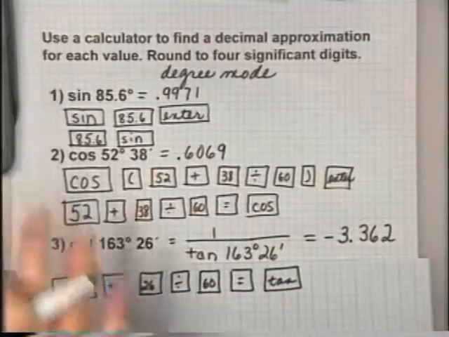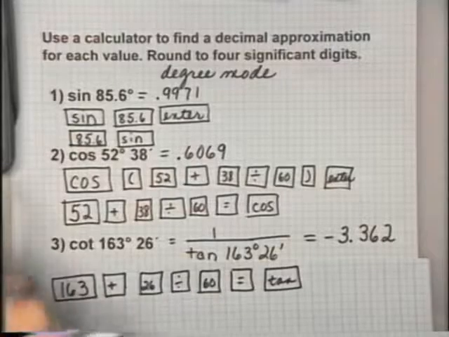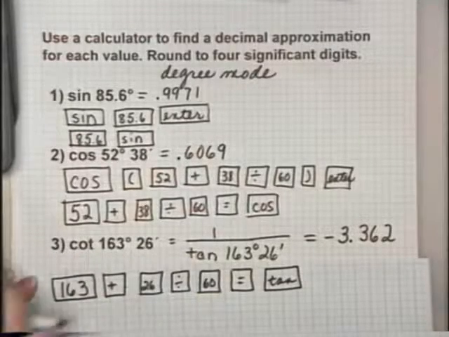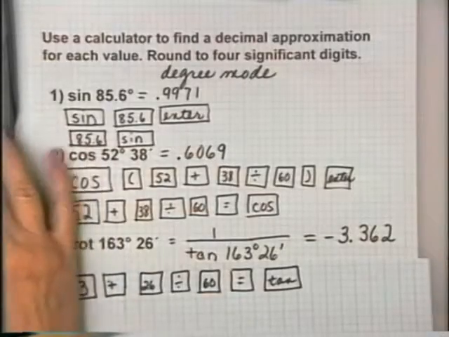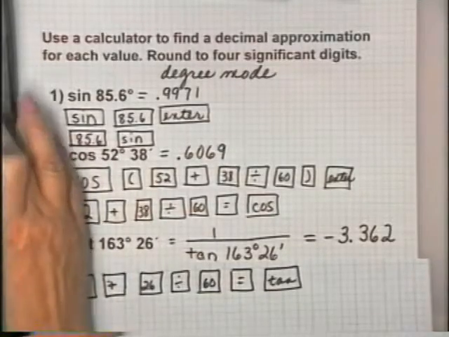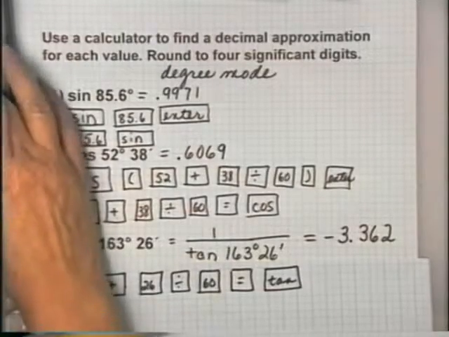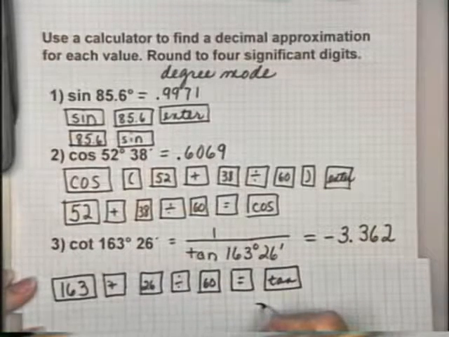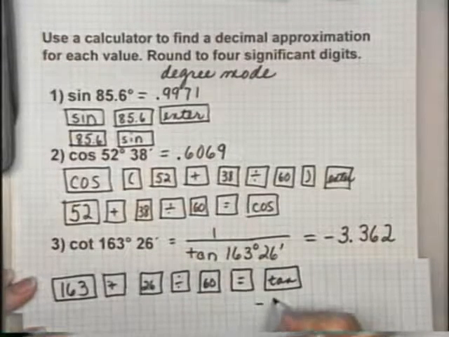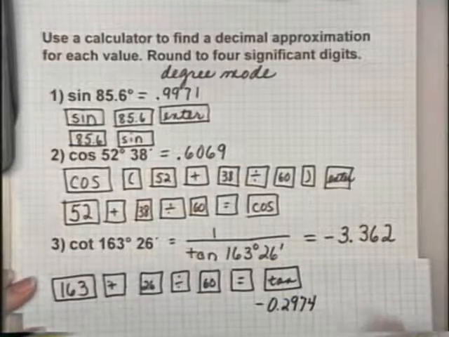So let's do that far and be sure that we have the right thing there. Let's see here. And sure enough, to this point, we have negative 0.2974, and it keeps going.